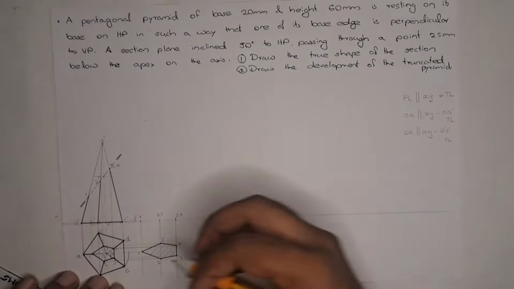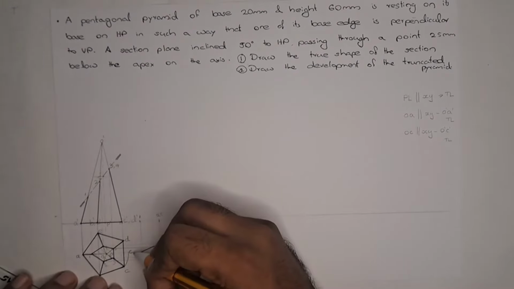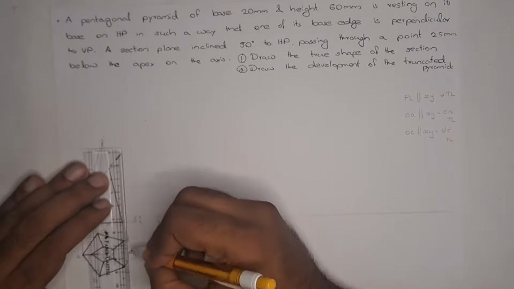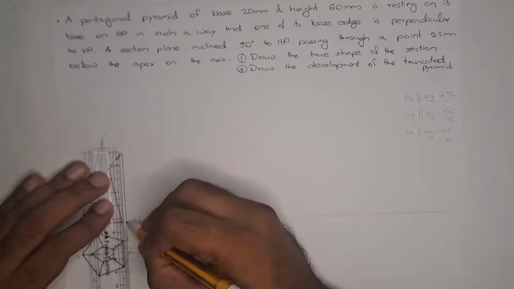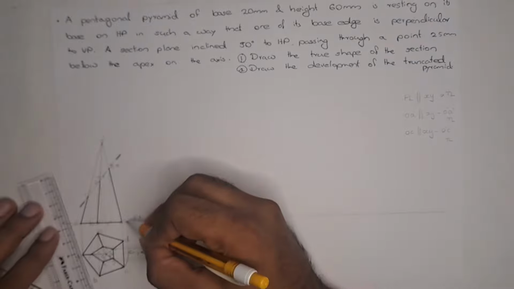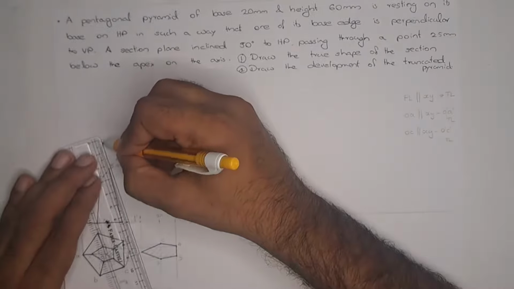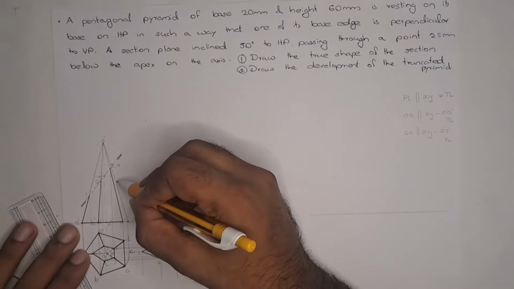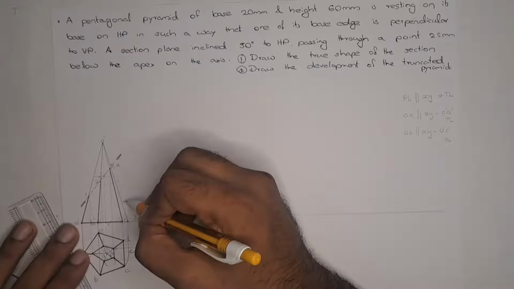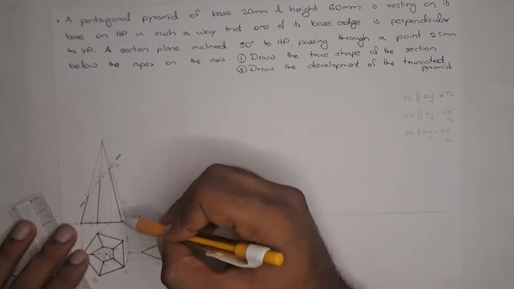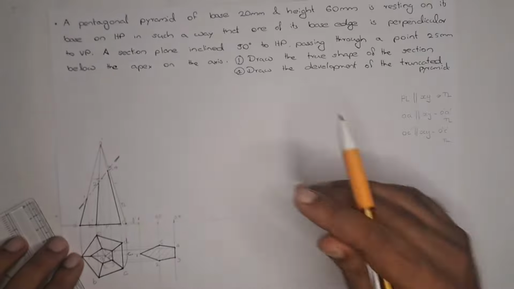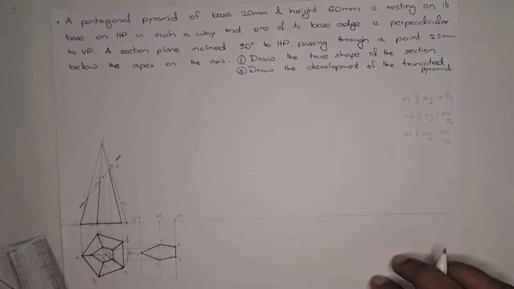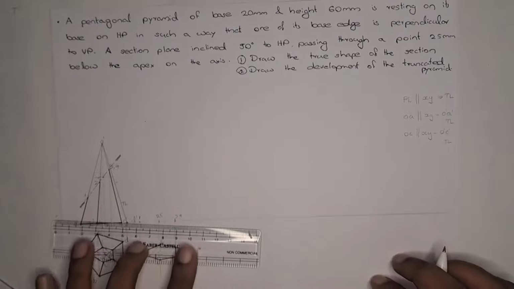So here the new C1, we can mark it as C1 or D1. This is the new point and we complete the new line. So this is the true length of the slant height, and this will be equal to the OA. We can check that also. So we just draw the new line C1 dash into true length.